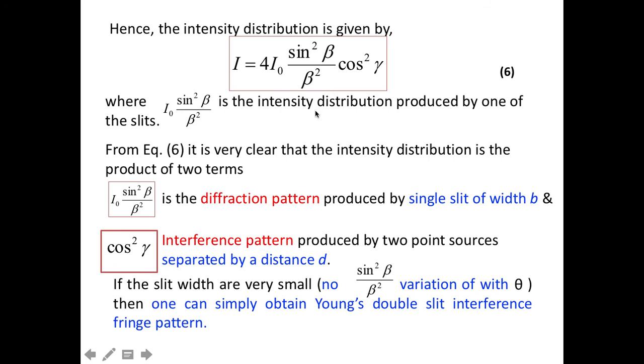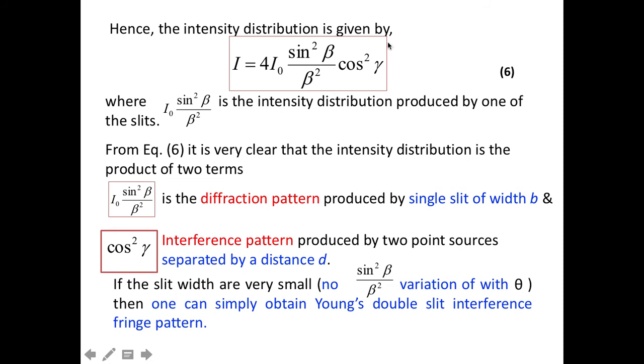Okay, and from equation 6 we can easily say that the intensity distribution is the product of two terms, first term and second term. So the first term, I0 sine square beta upon beta square, is the diffraction pattern produced by the single slit of width b.